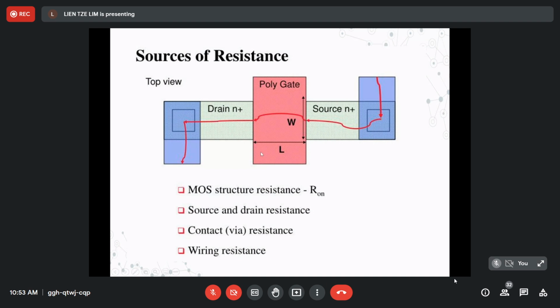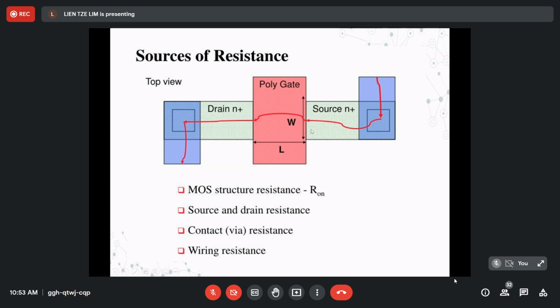In general, the source of resistance is the on resistance. What is on resistance? It is the resistance that occurs when the transistor is in operation. Also there are source and drain resistance, contact resistance, and wiring resistance. All these are the sources of resistance in a MOS transistor.